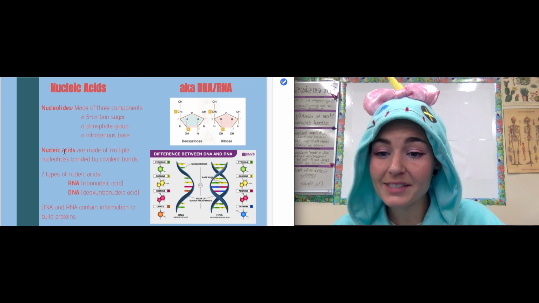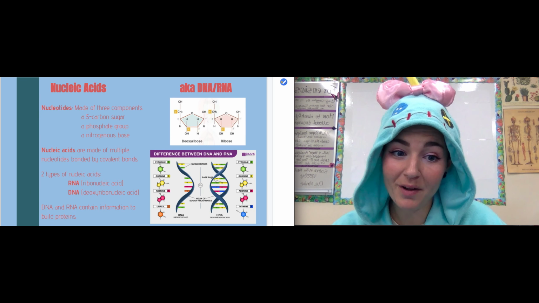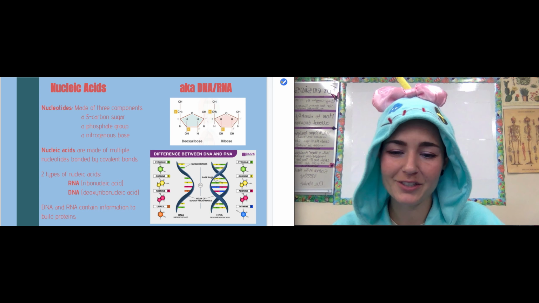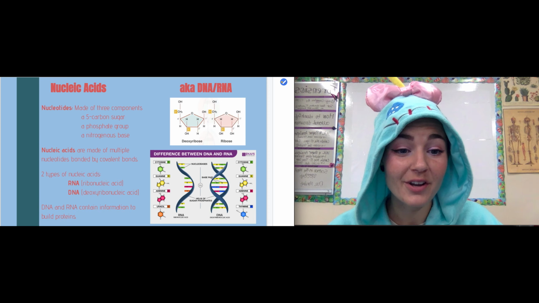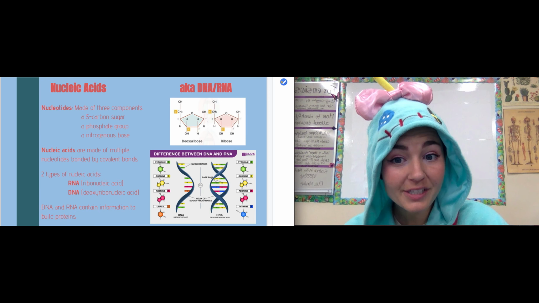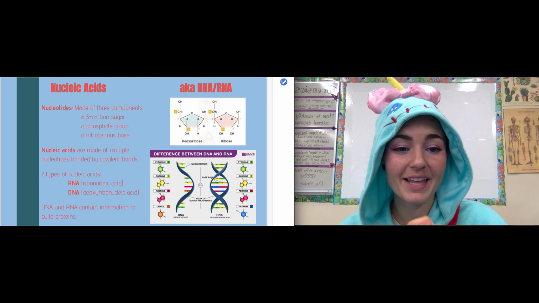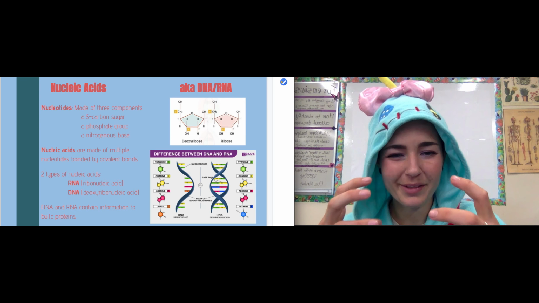Okay, and nucleic acids are formed of multiple nucleotides that are bonded by covalent bonds, once again, sharing those electrons. Now that we've covered macromolecules, we've learned about carbs, carbohydrates. They give us energy. We've learned about lipids or fats. They also help store energy, but they have the ability to store a lot of energy, and they can also do other functions like insulation, keeping us warm.